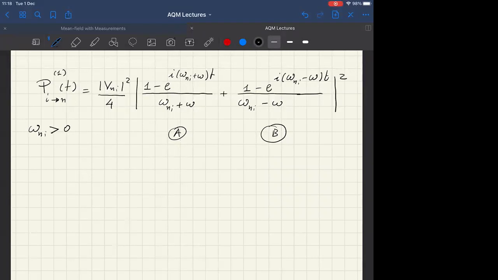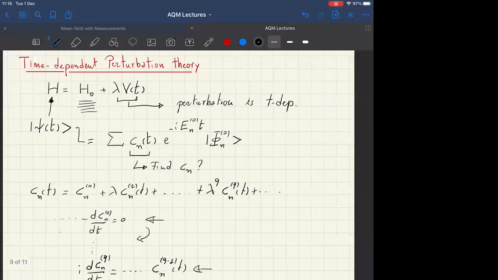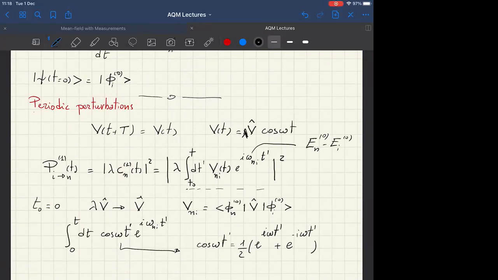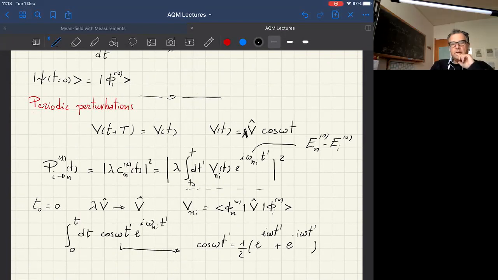Professor, the VNI module squared, where did you get it from? You see, the V has some operators times the cosine. The operator will give you some matrix element, which I call VNI, and then I have to do an integral over the time.